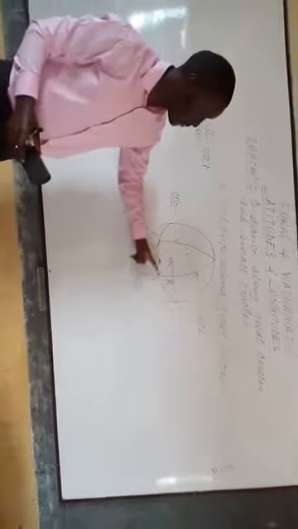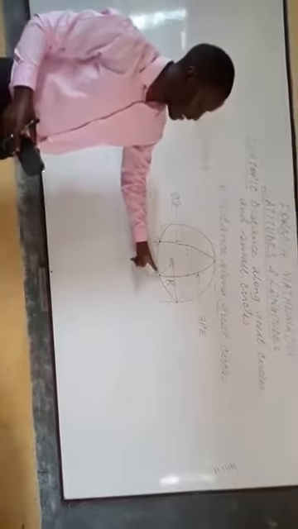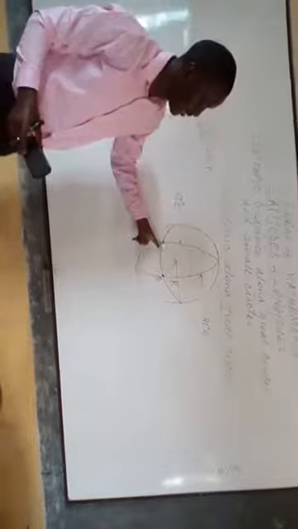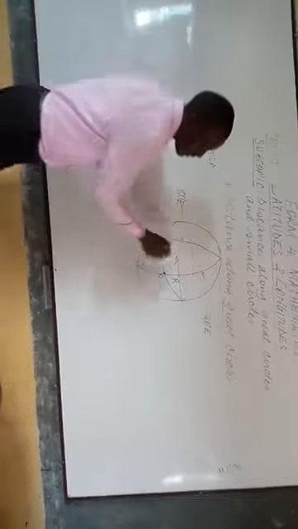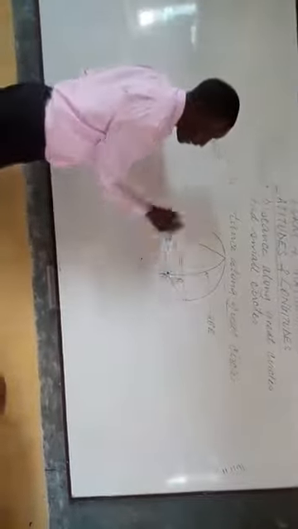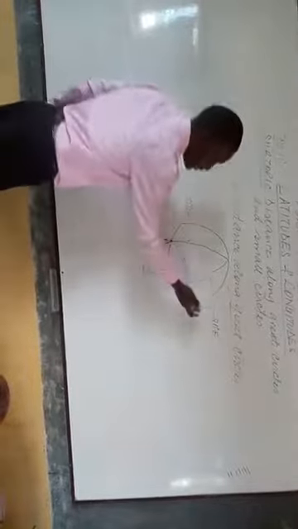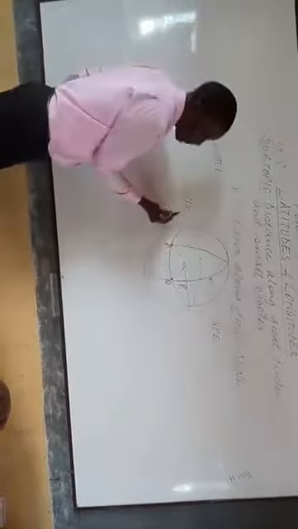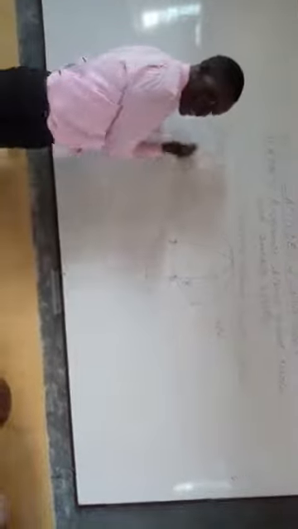And then, because we are moving on the same side, that is from 20 all the way to 80, this angle can easily be got by taking 20, subtracting it from 80 degrees, because they lie on the same side.